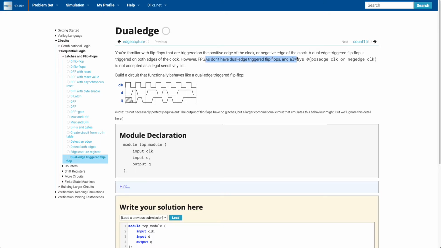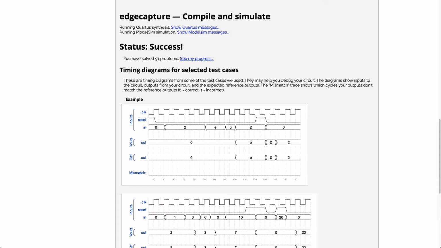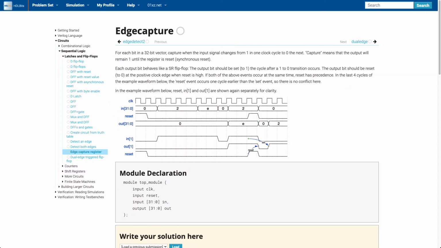However, that is not accepted as a legal sensitivity list. Why not, actually? They don't really explain this. I'm curious to know. Okay, this is success.